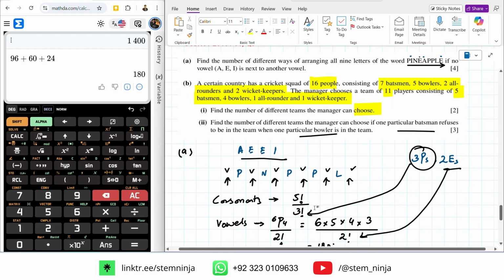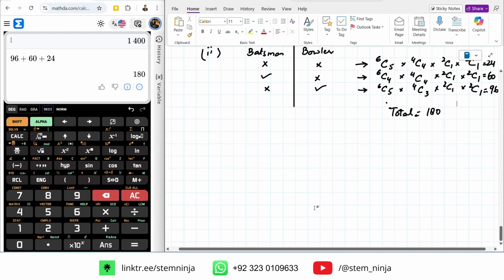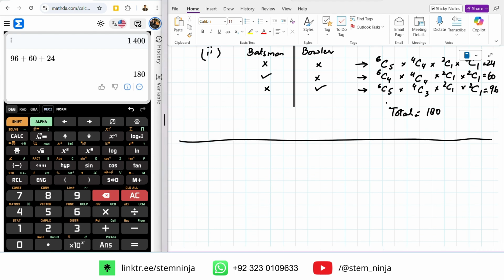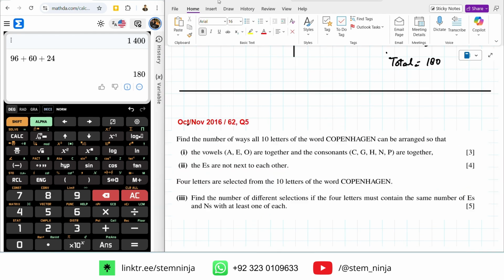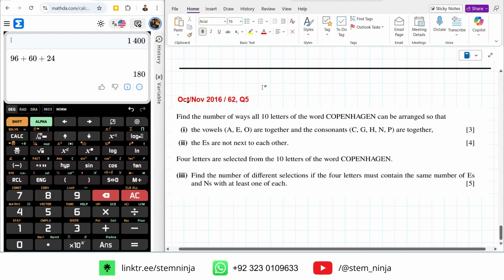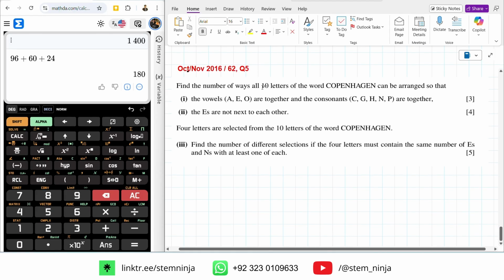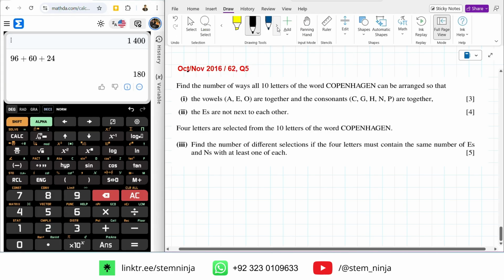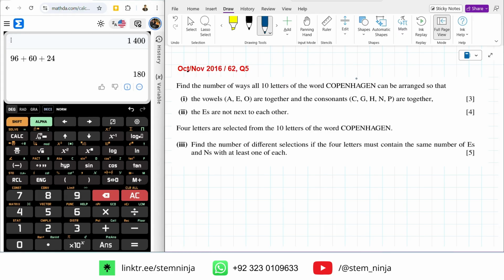All right, now let's look at the 6-2 variant question. Find the number of ways all 10 letters of the word Copenhagen can be arranged so that the vowels A, E, O are together and the consonants are together. First off, A, E, O, I'm thinking there is more than 1 E, right?